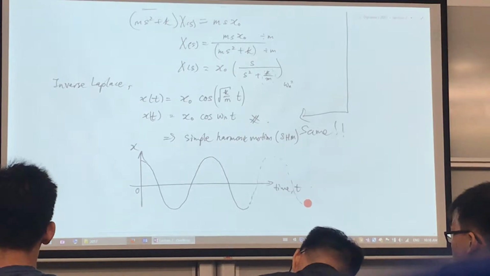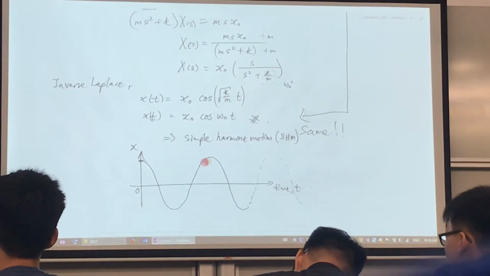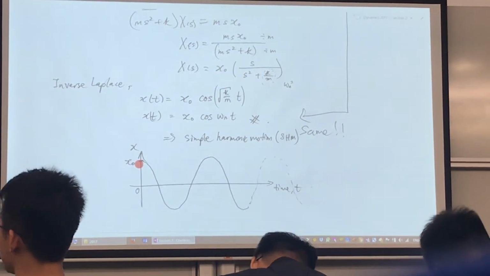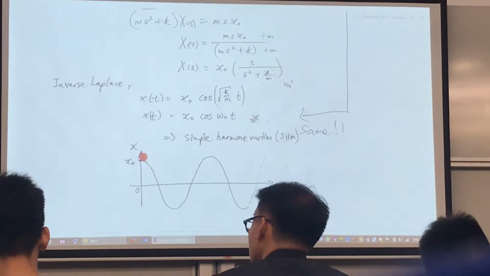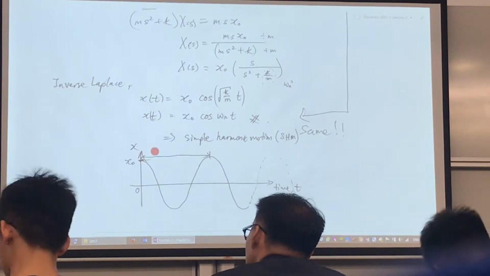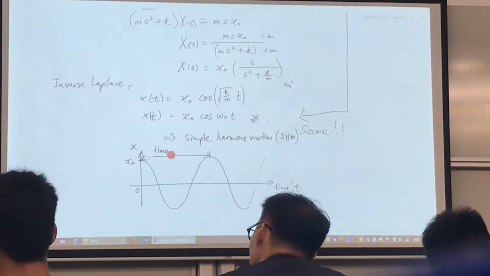Simple harmonic motion. The amplitude of this will be x naught. And the time that it takes from this peak to that peak is called your period of oscillation.